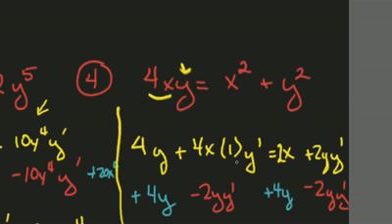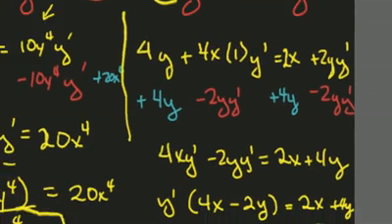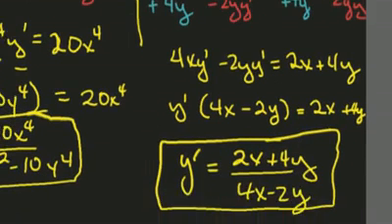Plus 4x times the derivative of y is 1, and then times y prime, equals 2x plus 2y y prime. Get the y primes on one side, everything else on the other side, and then factor out your y prime, business as usual at that point. It's algebra. Divide both sides, and there's your answer.